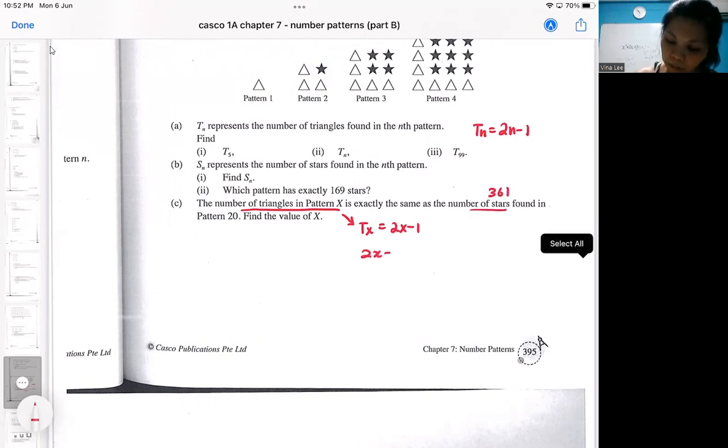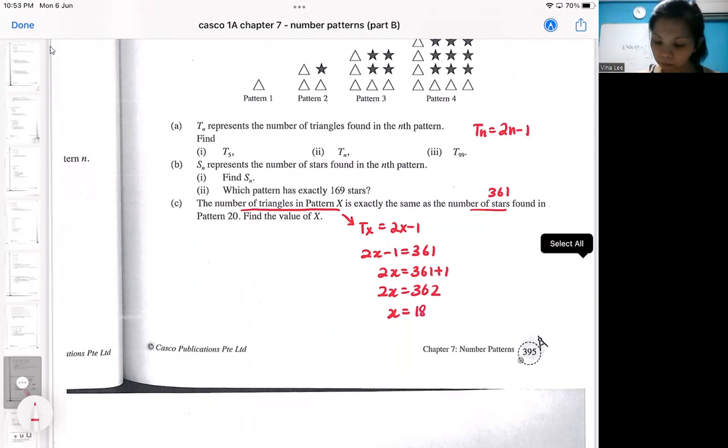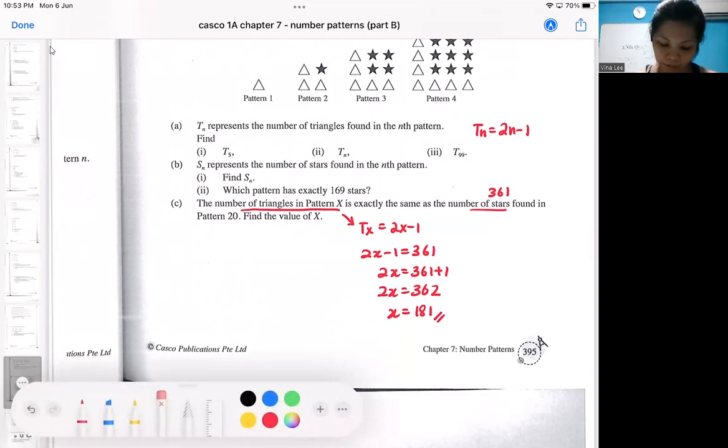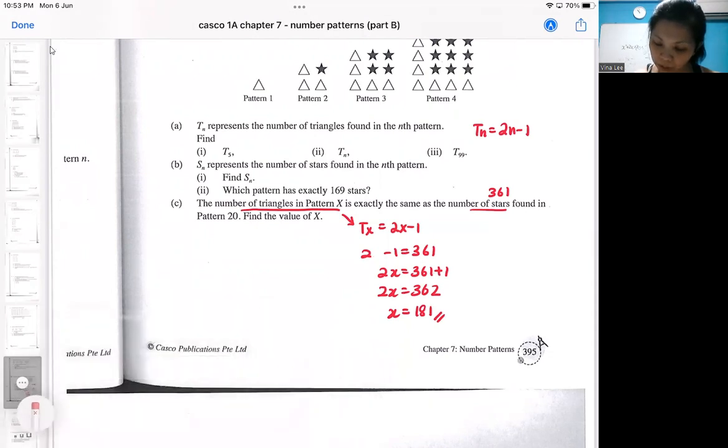So 2x minus 1 is 361. So you do like normal algebra. So x is equal to 181. I think I should have done everything in capital X.